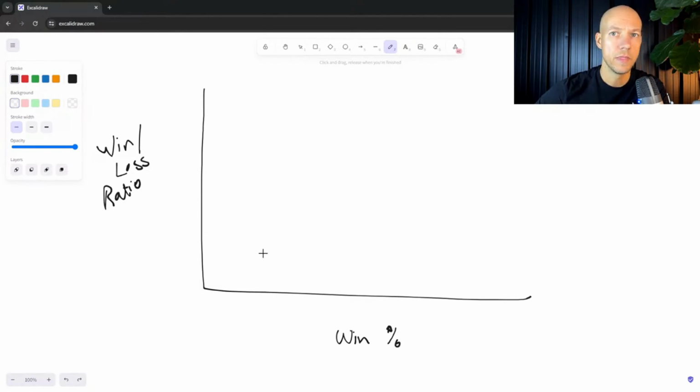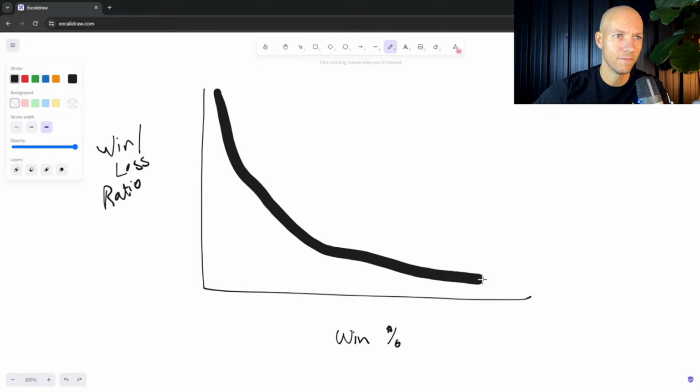Okay, and I'm going to make this a bit thicker. So this is the break-even point, I would say. And this is 3, 1, 2, 3, 4, 5, 6, 1, 2.